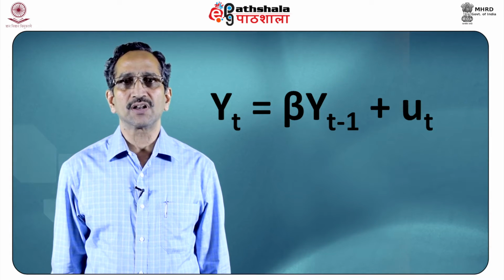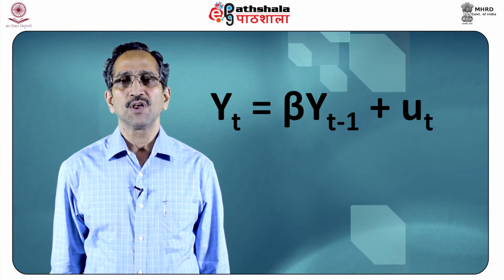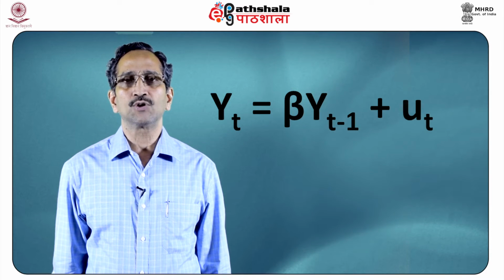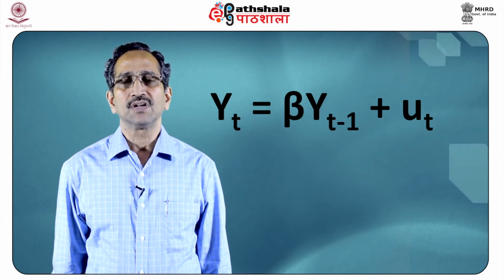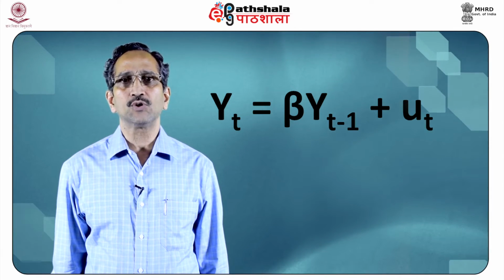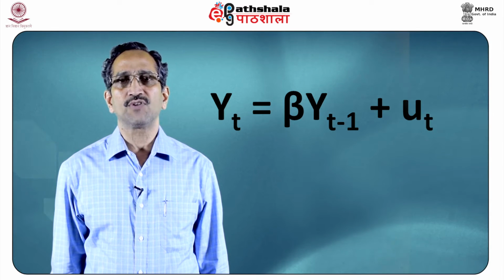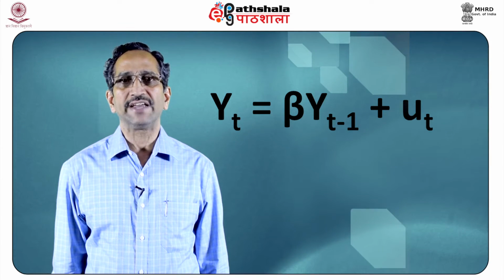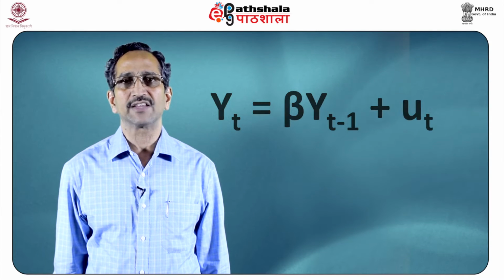This model is the autoregressive model of order 1, denoted as AR1. This is so because we include one lag term of our endogenous variable yt, which is yt minus 1. One important point to note here is that if beta is equal to 1, then the series becomes a random walk process or a unit root process as explained earlier.